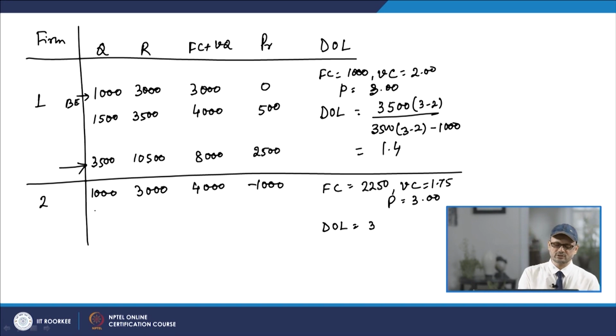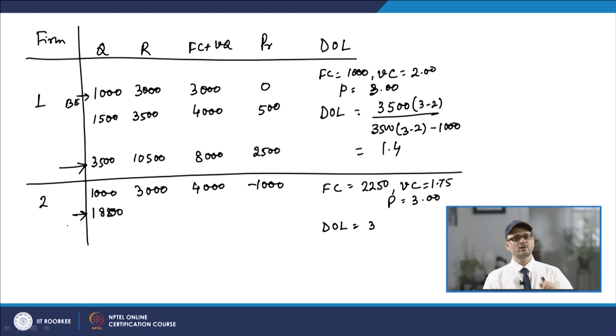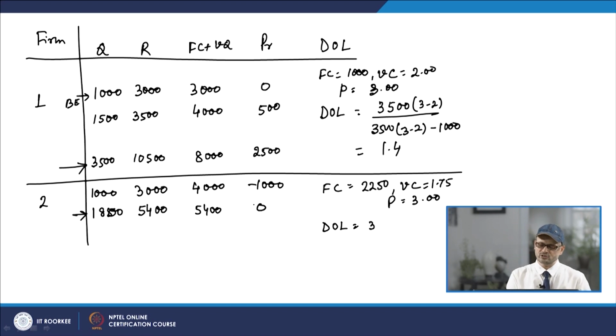So, you have to go for the break even at 1800. You have to sell 1800 quantities for maintaining 0 profit. In this case your R becomes 5400, and your total cost will become 5400, because this is the break even point, and your profit is 0.